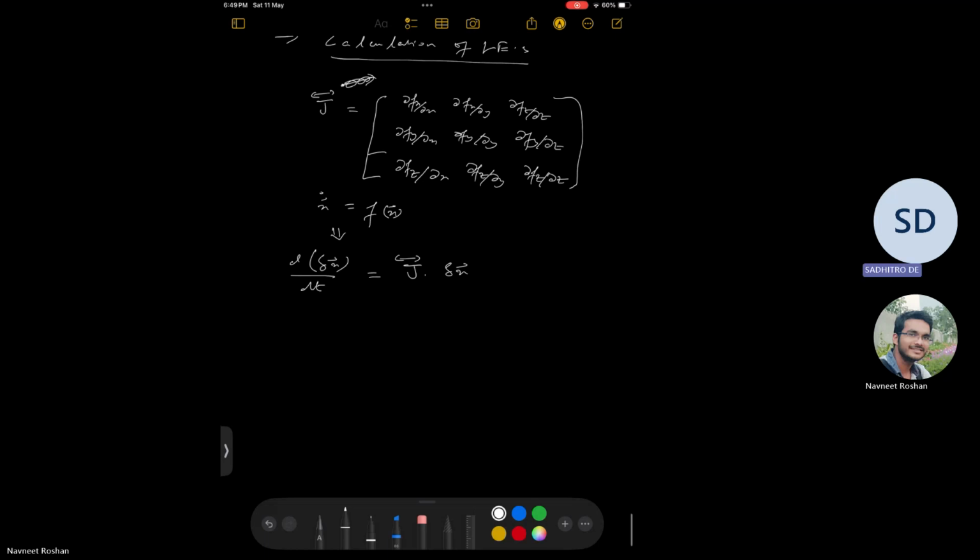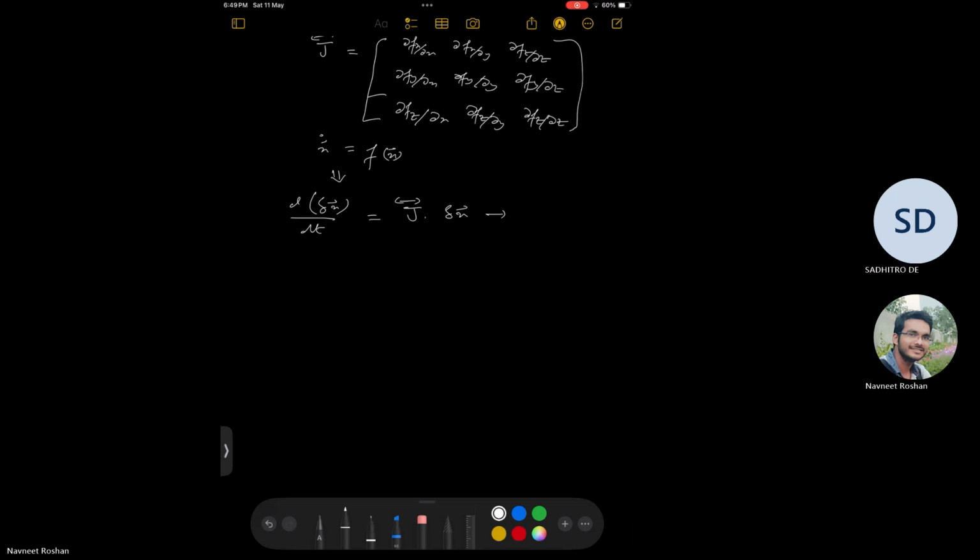So this is an equation which tells about the linearized evolution of the perturbation.